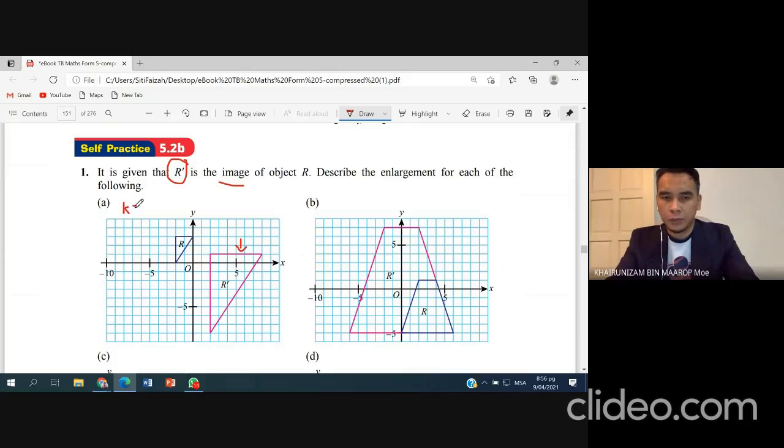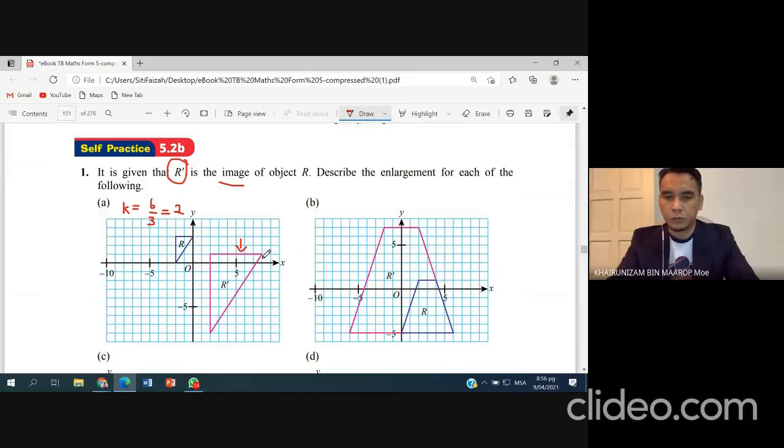Scale factor dia, kita boleh kira dia punya side. 1, 2, 1, 2, 3, 4, 5, 6. So 6 divided by 3. Kalau ke dalam grid ni, dia sudah bagi tahu ini objek, ini image. So tak payahlah kira semua sisi, ambil satu saja. So kita dapat scale factor dia adalah 2.